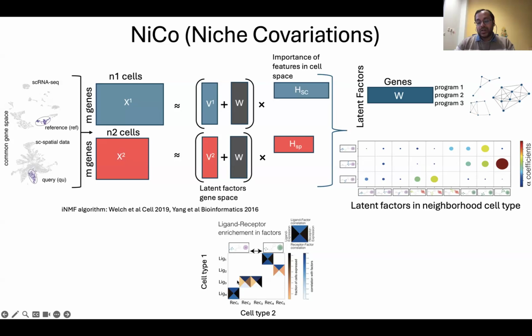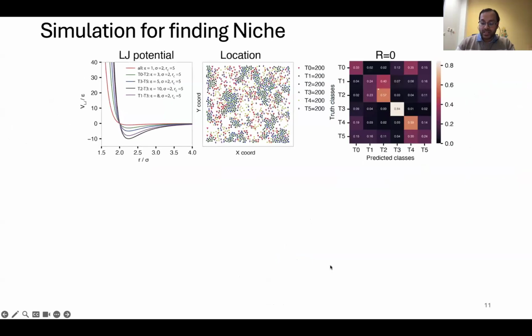From there we can say, okay, this ligand in this gene program is interacting with this receptor in this gene program in this cell type. So this is our algorithm, and we tested it with many tissues, and in every tissue we found something else.